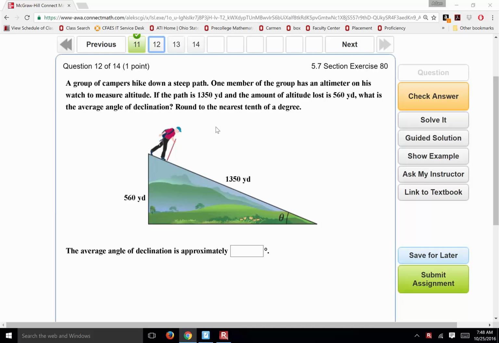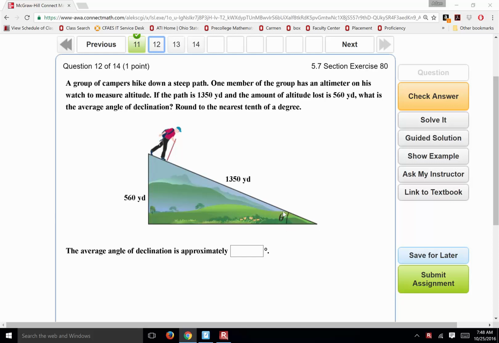A camper is hiking down a steep path, and we already know the elevation of the path is 560 yards. And we know how long this hiker is moving on this path, 1,350 yards.